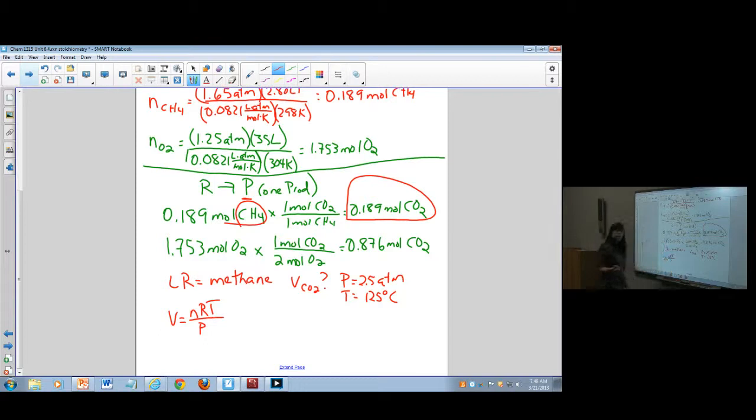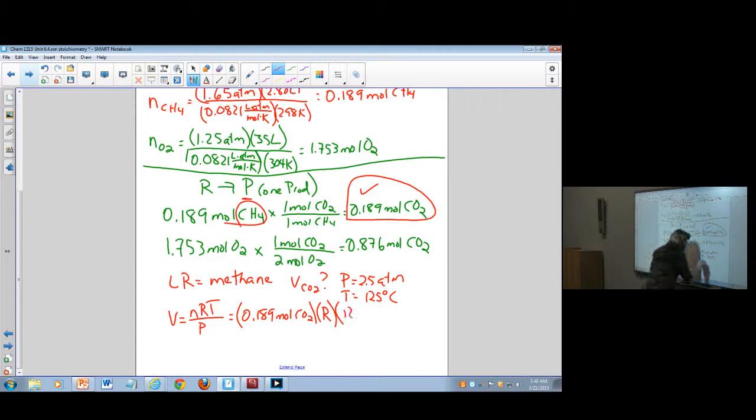So again, the ideal gas law. This time we've got to be sure that we use our limiting reagent to calculate this. So that would be 0.189 moles of CO2 times R, because I'm tired of writing that right now, times the temperature.